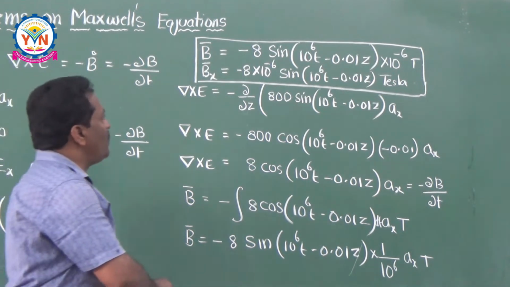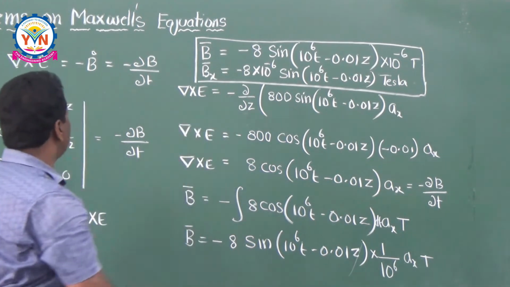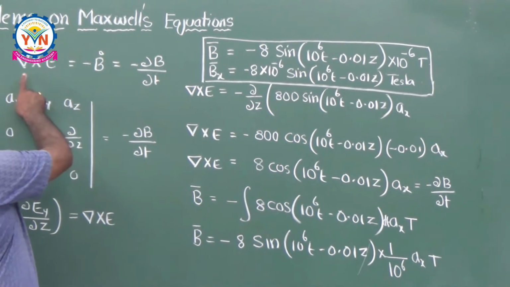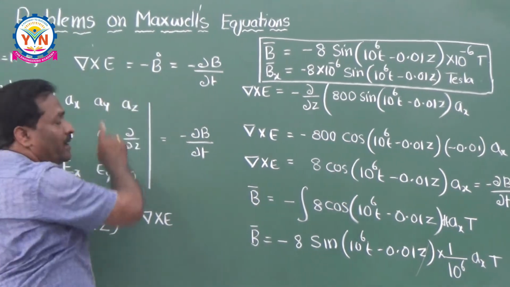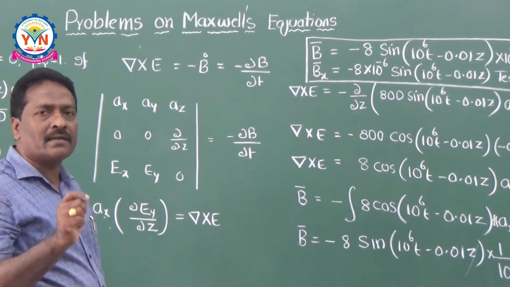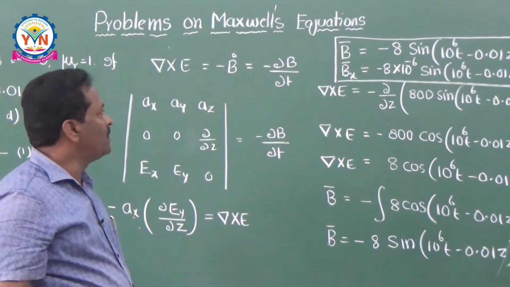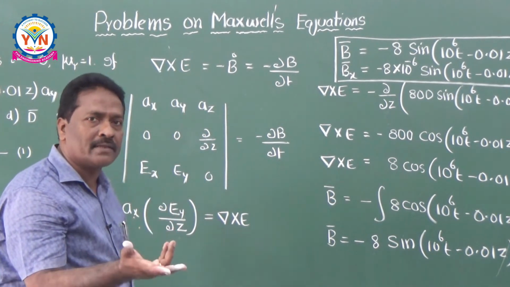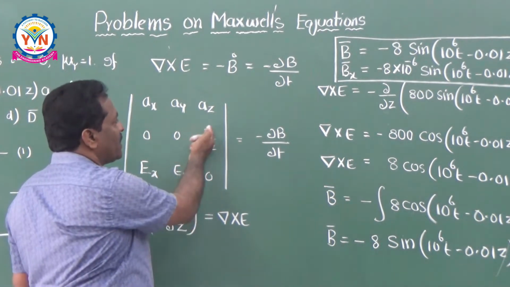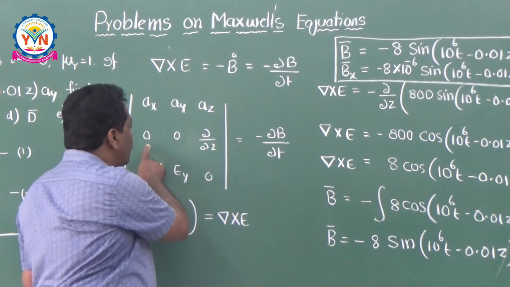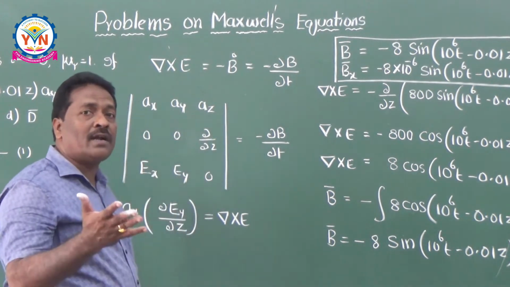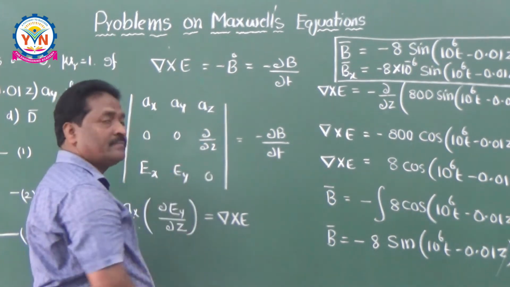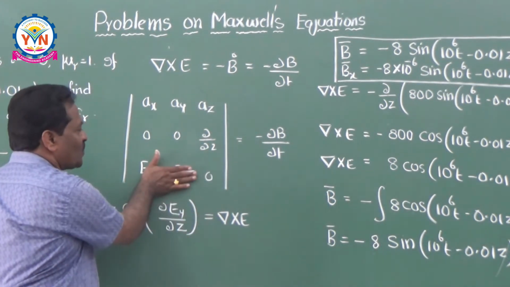So I hope you understood here. Very simple. I have used the second equation, del cross E is equal to minus B dot. Expand this del cross E, apply the uniform plane wave properties. The wave is propagating in z, so it should be independent of x and y, and there should not be a component in the direction of the propagation. That's why a simple matrix came.